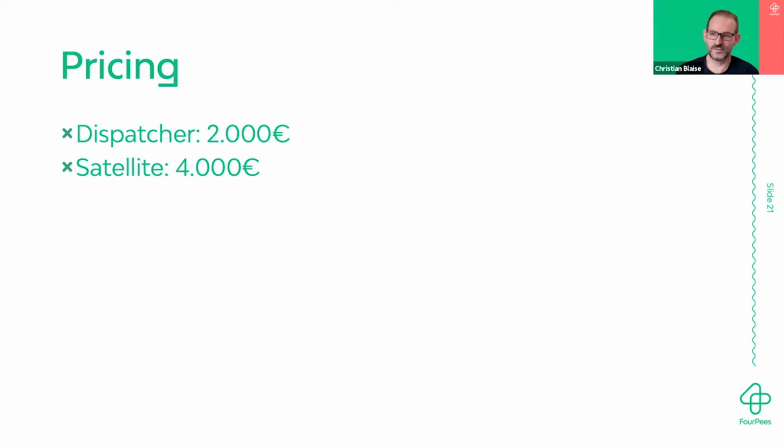We have really easy numbers today. Yeah, it used to be 3,999 and then 1,999, and then everyone goes crazy. Yeah, if you have to calculate 20% just live, like here, no. Thank you. No. So kind of the minimum amount, like I said, is going to be 10,000 euro if you want to go for dispatcher and satellite.